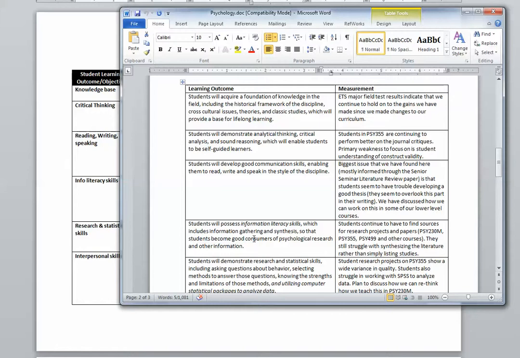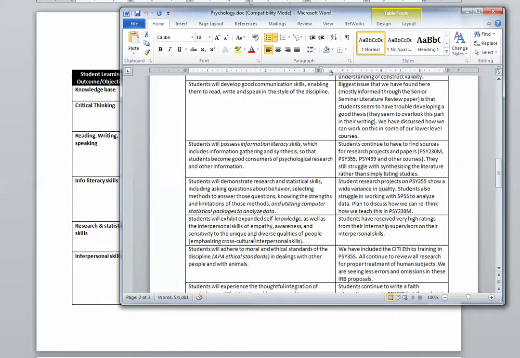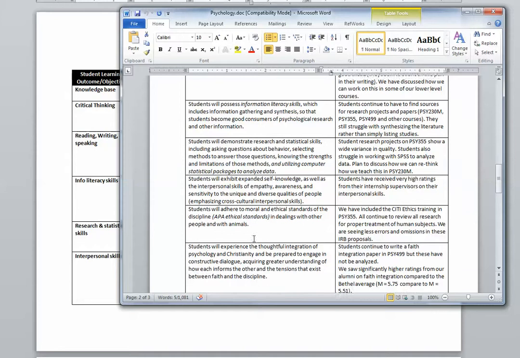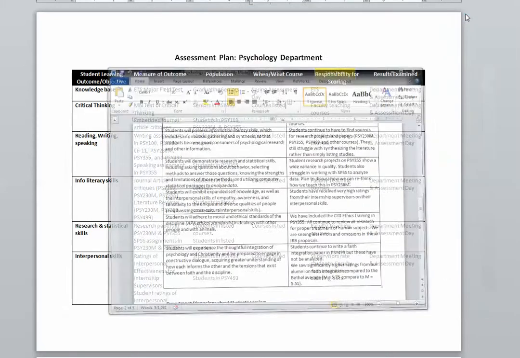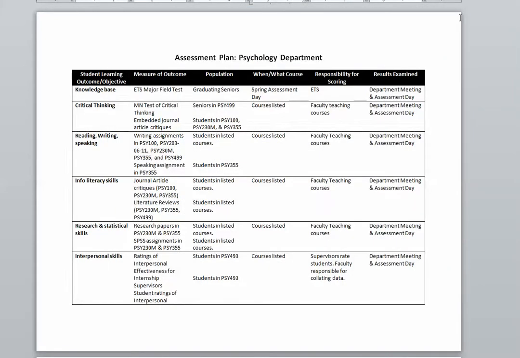This is the result of the politics of doing assessment within a department and everything that people feel needs to be included. And so this is something that I would like to adjust within our own department. And you certainly probably saw that in the assessment plan reports that you evaluated in the earlier assignment as well.